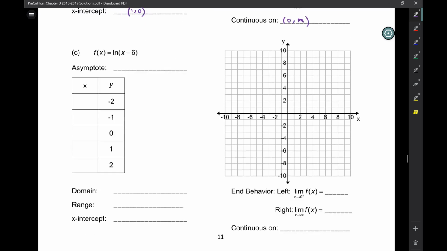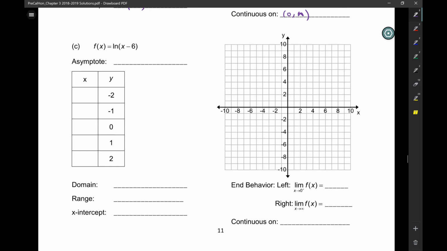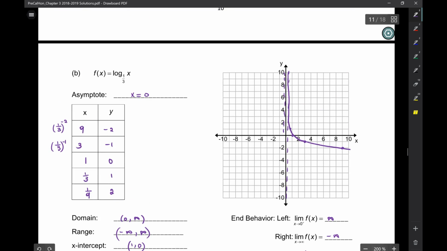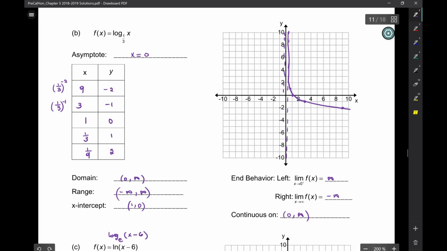Okay. Now, here we go. Here we have ln. What is ln? It comes from log of e. So technically this is just log base e of x minus 6. So here I have log 1/3 of x. Here I have log e of x. So you see how they're not much different, right?